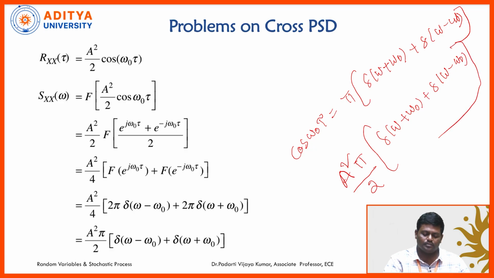So the major advantage here is we are using the Fourier transform pairs. When we are solving these problems, we need to memorize the Fourier transform pairs of the standard functions like sine, cosine, impulse, unit step, rectangle function, triangular function, exponential function, and t into e power minus at. So like that, so many functions we need to remember Fourier transform pairs. If Fourier transform pairs are known to us, we can solve these problems very easily.